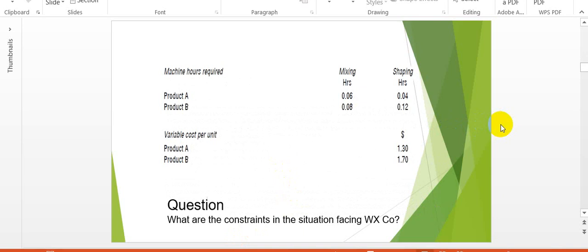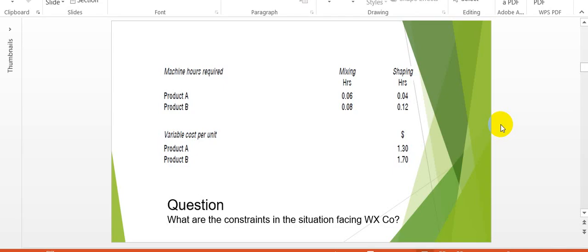Product A requires 0.06 hours in the mixing and 0.04 hours in the shaping, whereas product B requires 0.08 hours in the mixing and 0.12 hours in the shaping. We are further given the variable cost per unit for each product. Product A 130, product B 170. What are the constraints in the situation facing WCOR?